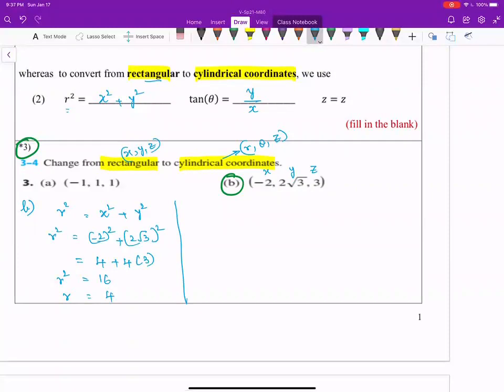Then we need to find out theta. So let's find tan theta first, which is y over x. Y equal to 2 radical 3, x is negative 2. So it is negative radical 3. So you have to look for an angle theta whose tan is equal to negative root 3. But we notice that the point (x, y), so negative 2 comma 2 root 3, lies in the second quadrant.